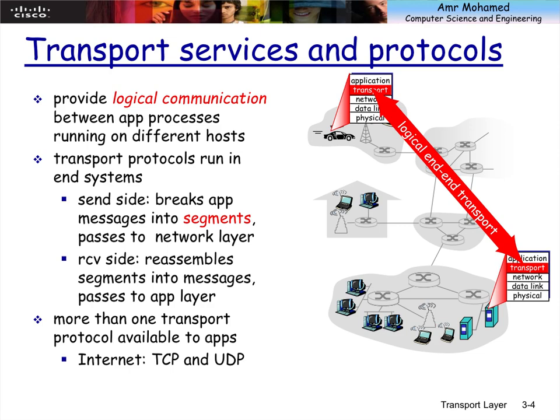So transport layer services and protocols provide the logical communication, as I said, between application processes. The application endpoint could be what? A router tap is an application endpoint. An HTTP server, any HTTP client is an application endpoint. Actually, a mobile phone is a host. It hosts many hundreds of application endpoints.